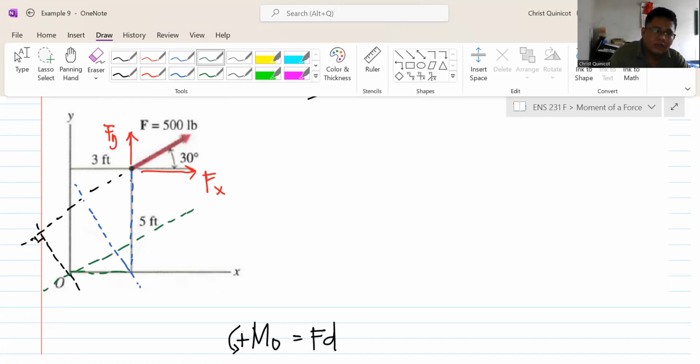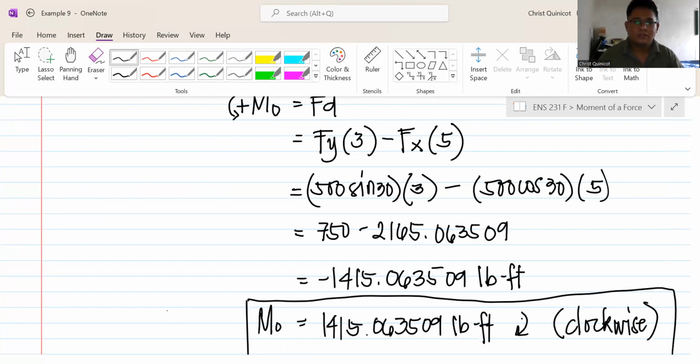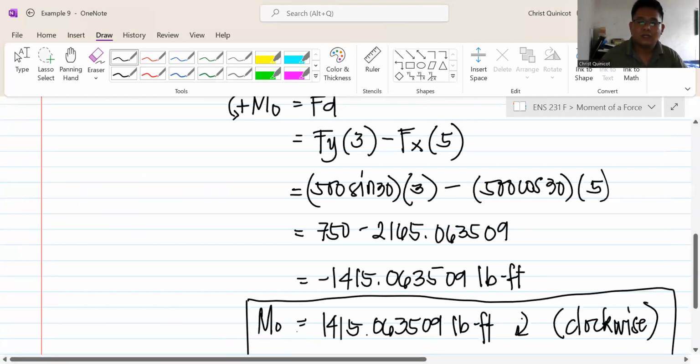If only we knew the distance in color blue, d sub B, and we subtract the distance in color green, d sub G, we will get our perpendicular distance. So you try to solve it yourselves and see whether we come up with the same answer, which is 1415.063509 pound-feet clockwise.